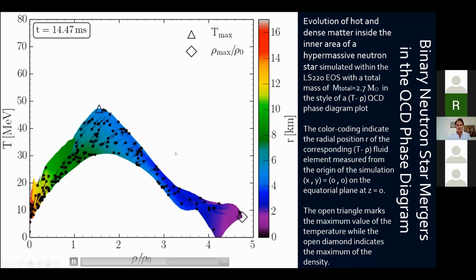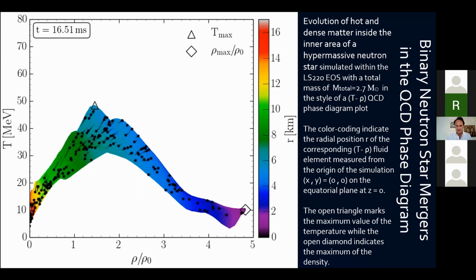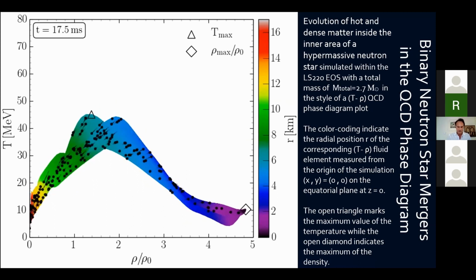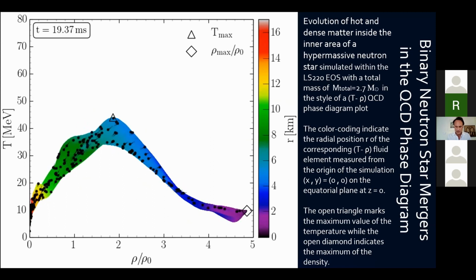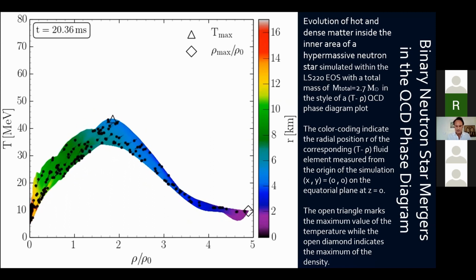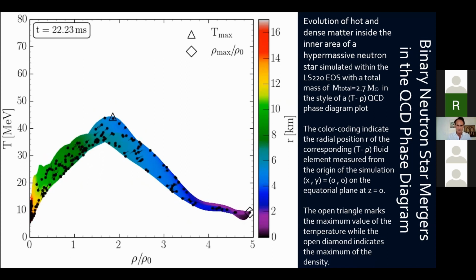And as I said, this is with the LS220 equation of state, but we see such a structure also with all the other purely hadronic equations of state like DD2 or something like that.